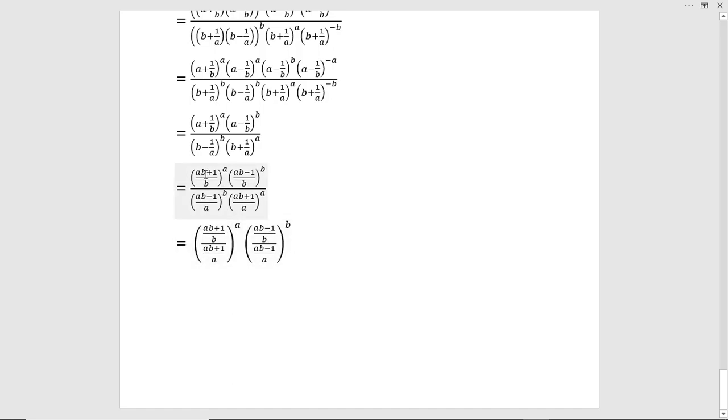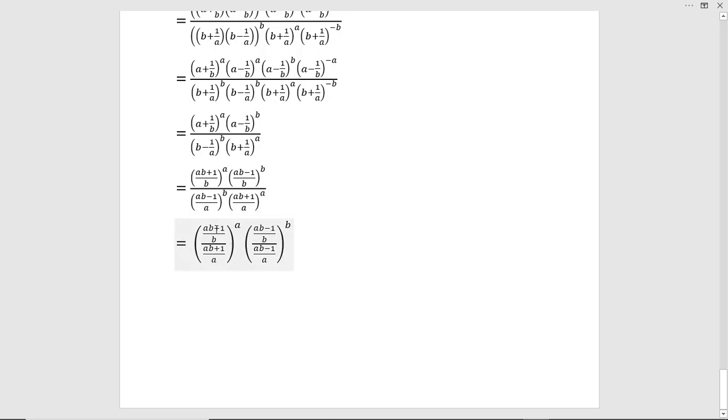And what is the relation between this term and this term? They are being divided by each other. ab plus 1 by b divided by ab plus 1 by a, and their power is a. So we have written it like this.